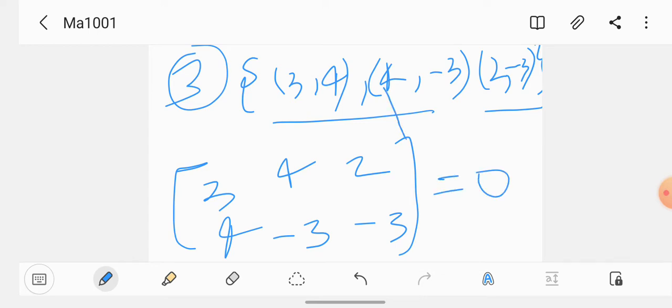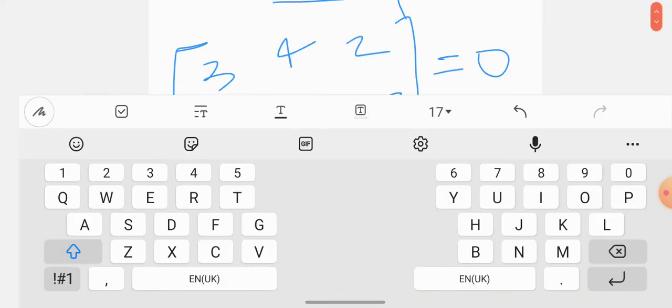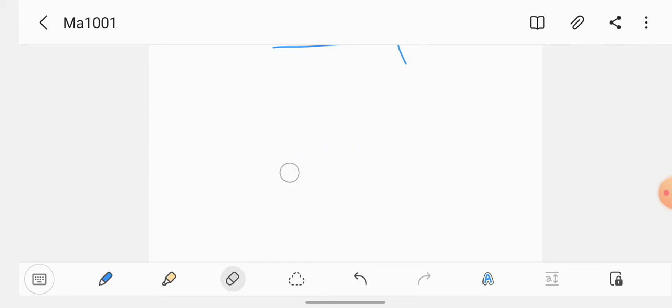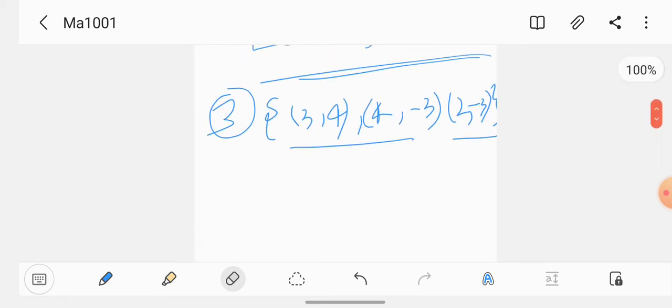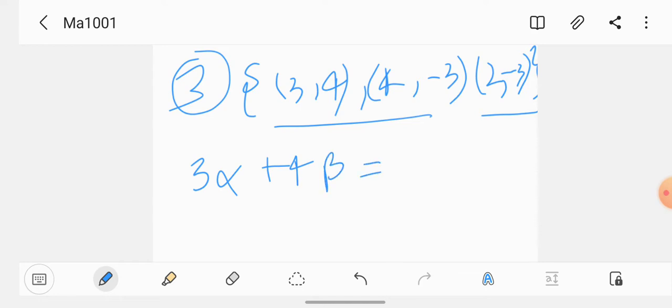How do we know whether the given set is linearly independent or not? Here we use a method, and I will show you the proof. Let's suppose 3 alpha plus 4 beta is equal to 0.